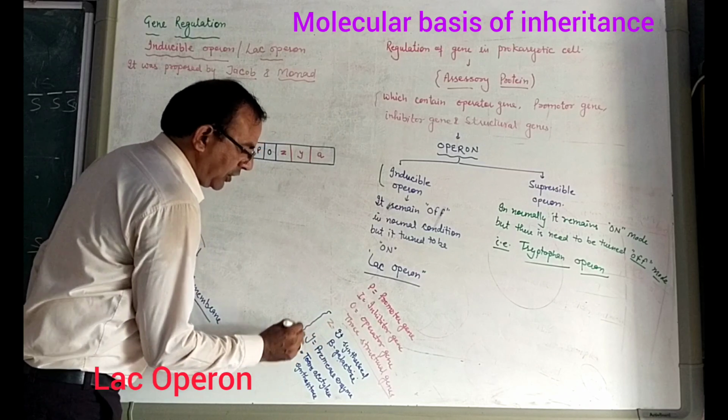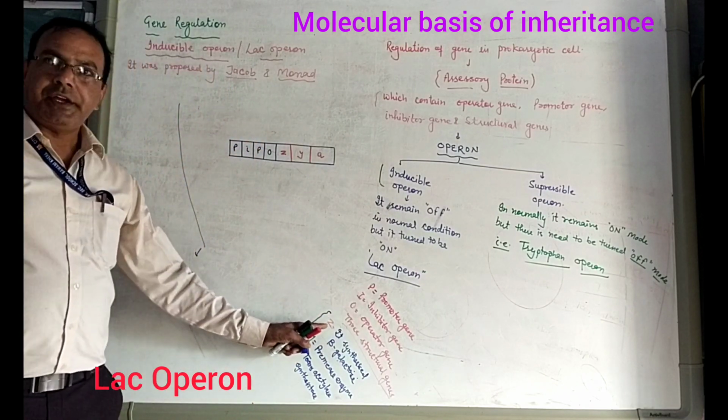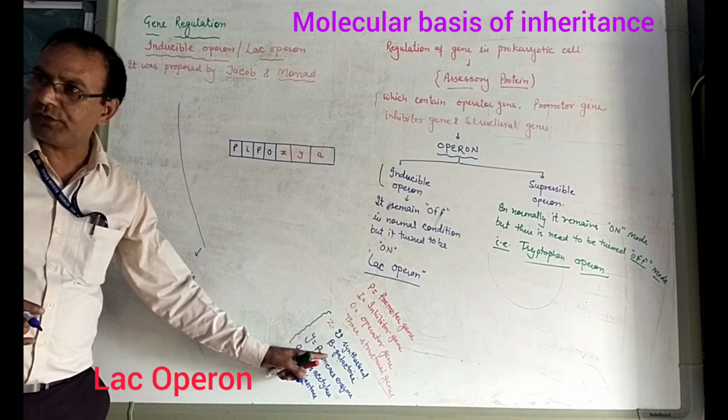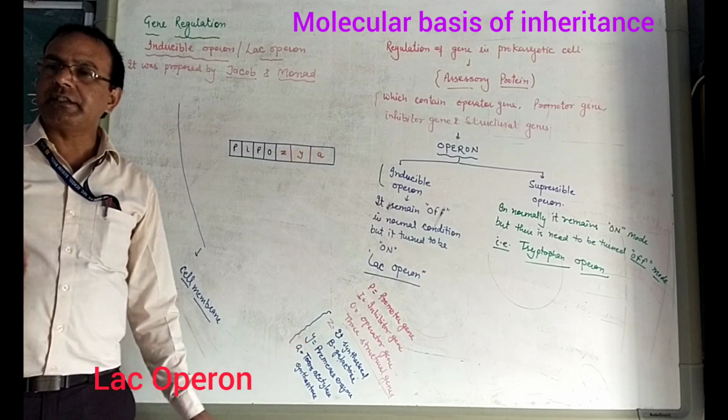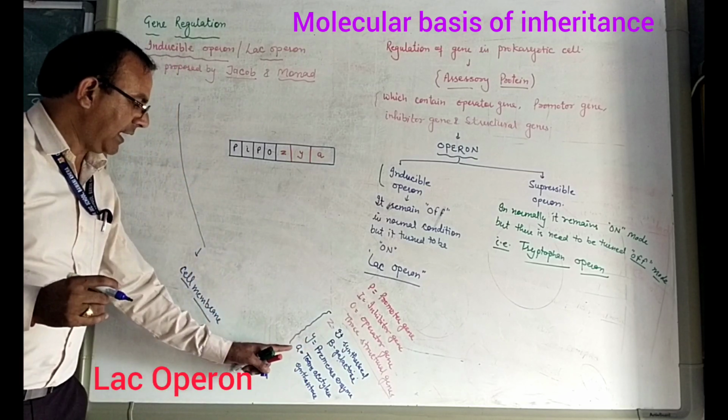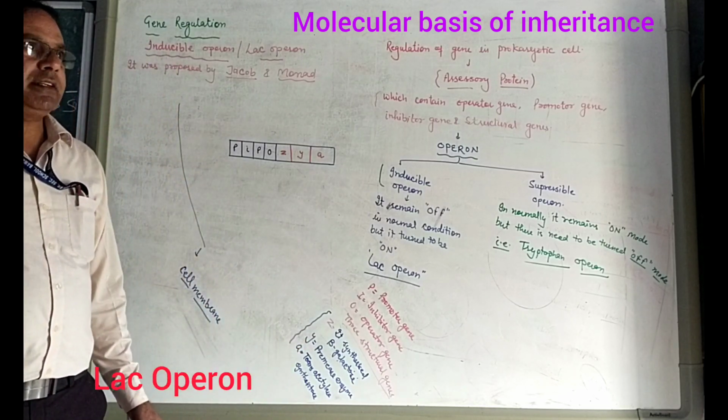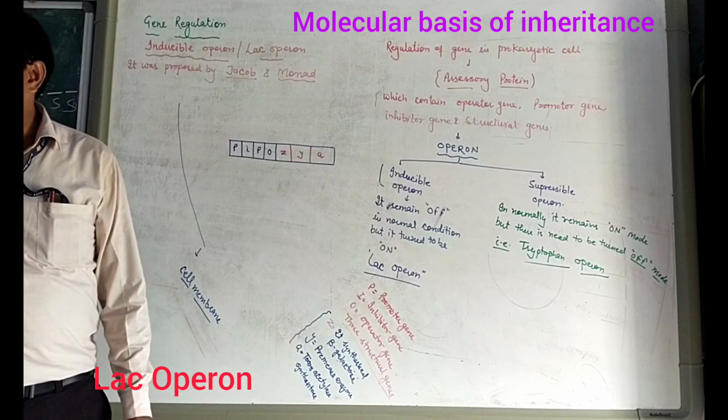Structural genes contain three types of enzymes. Z synthesizes beta galactosidase, Y synthesizes permease enzyme, and A, transacetylase enzyme.